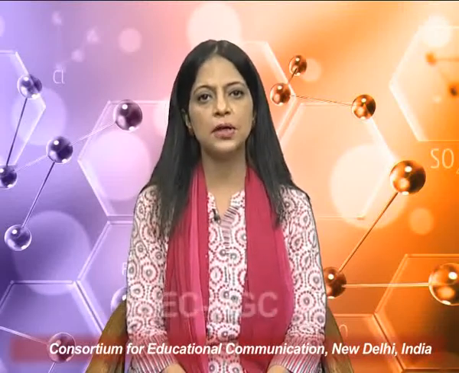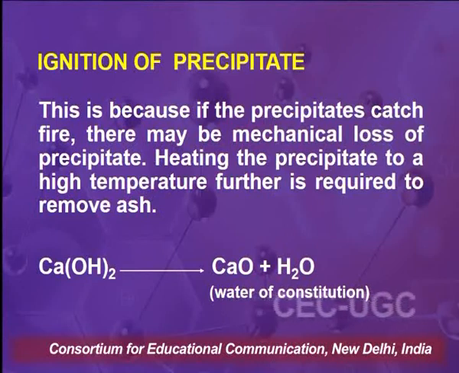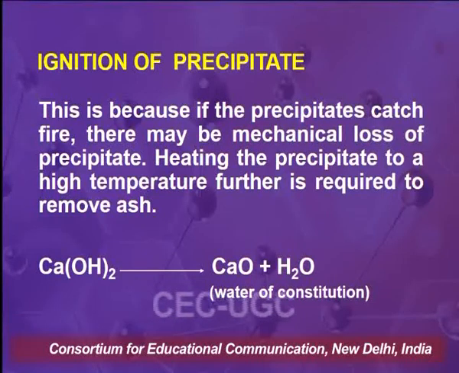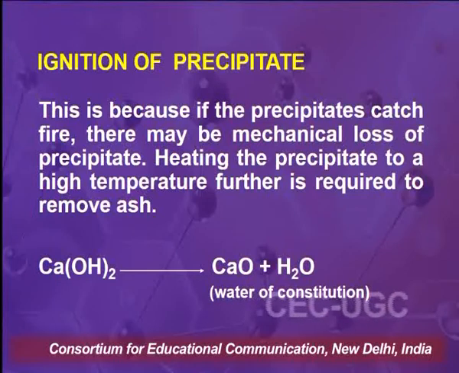Heating the precipitate to a high temperature further is required to remove all the ash. The ash which is there from the filter paper which has been burnt, although it does not leave any ash, but if in case some of the ash is there, then further heating can remove that also.